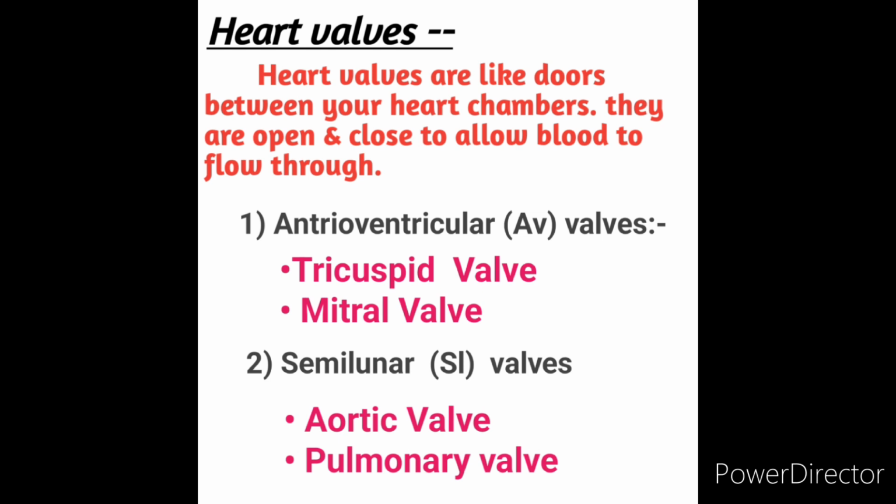The first is the atrioventricular valve, and then the semilunar valve. The atrioventricular valves are the tricuspid and mitral valve. The semilunar valves are the aortic valve and pulmonary valve.